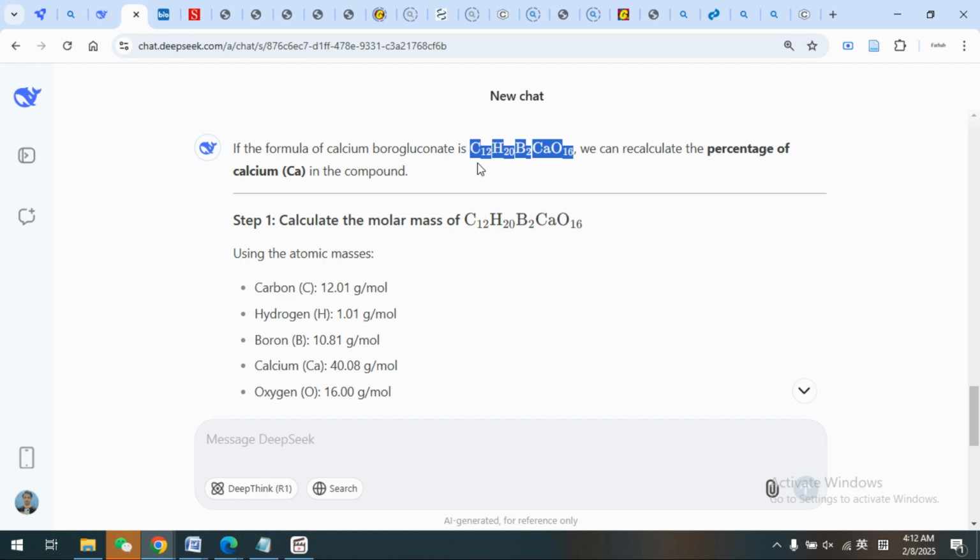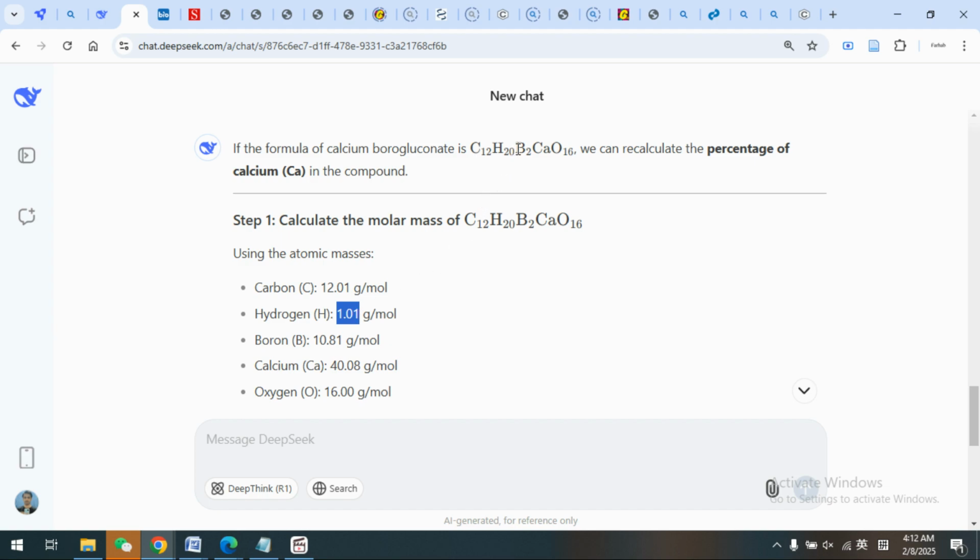And hydrogen atomic mass is 1, so we will multiply 20 by 1, as 20 atoms are present in this molecule. What is the 1? 1 is the atomic mass of hydrogen.